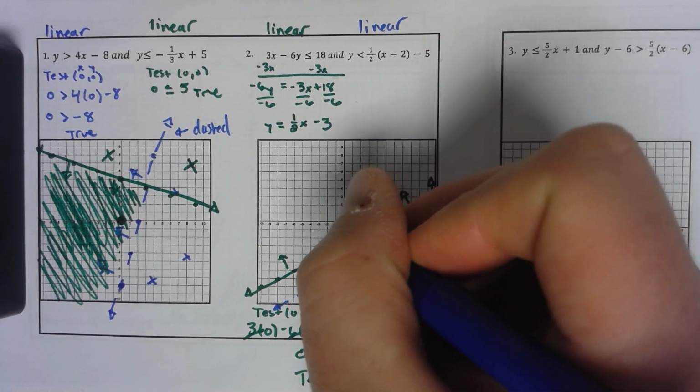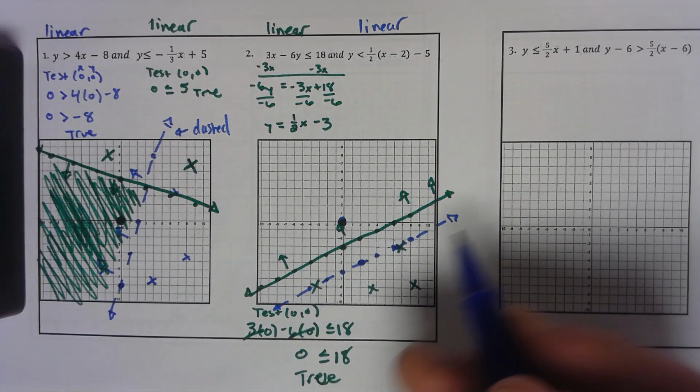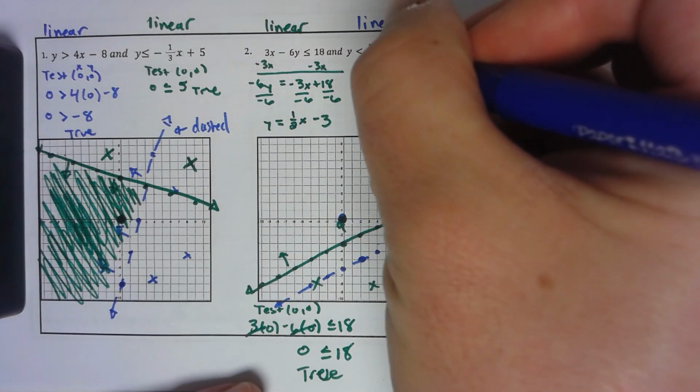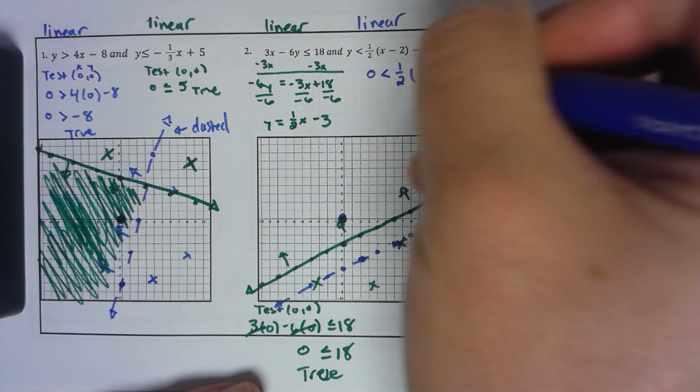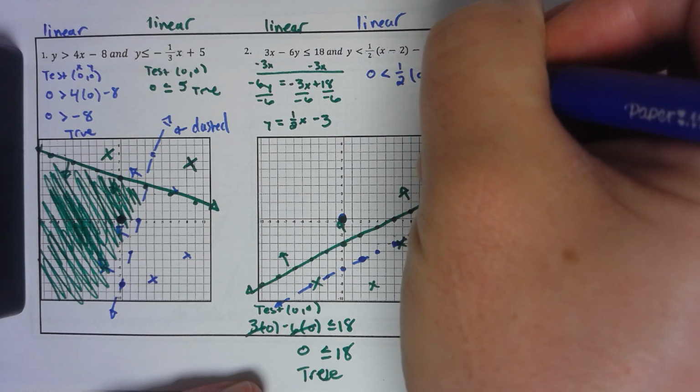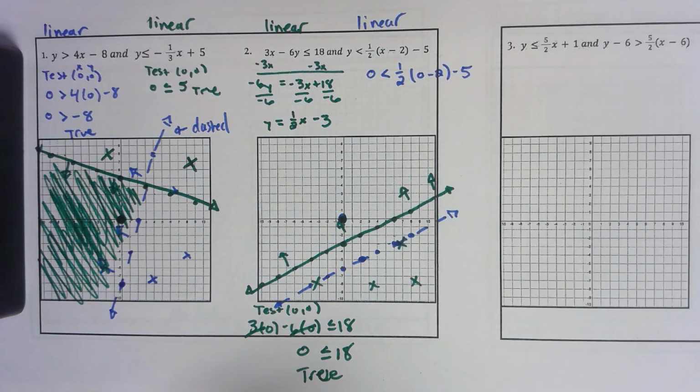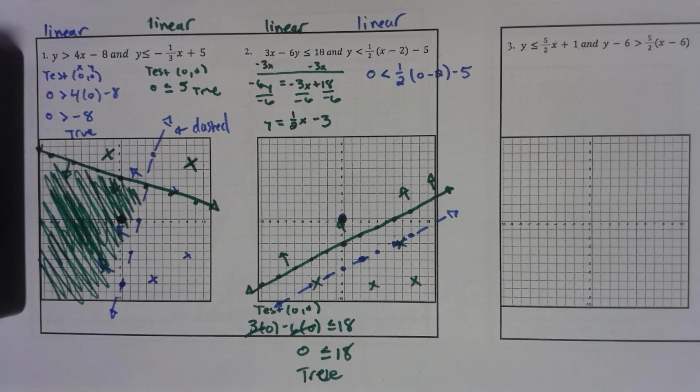Again, we need to test 0, 0 and see what happens. So I'm testing 0, 0, strictly for the blue line here. So I'm saying, is 0 less than 1/2 times 0 minus 2, minus 5? I'm going to go through order of operations on this right side.